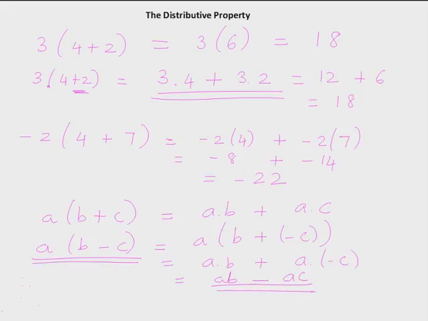So that multiplication distributes not only across the plus, it also distributes across the minus. A times (B minus C) is AB minus AC. This is very useful to know. Let's look at an example. 3 times (7 minus 2) can be written as 3 times 7 minus 3 times 2, which is 21 minus 6, which is 15. As can be verified here, 3 times 5 equal to 15.